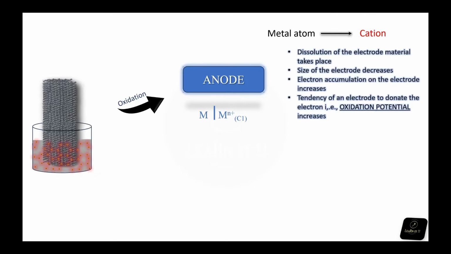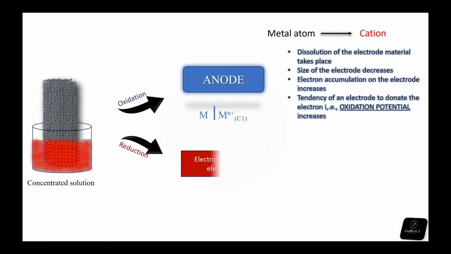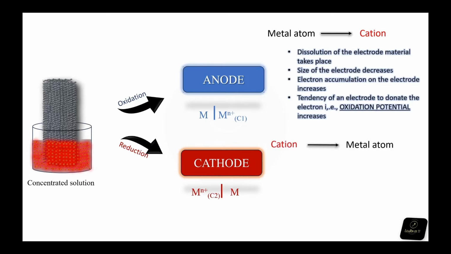When the same electrode is in contact with a concentrated solution of its own ion, reduction takes place, which leads to an electron-deficient electrode called the cathode, represented by a metal ion having certain concentration in contact with the metal. During this process, the cation is converted into metal atom.